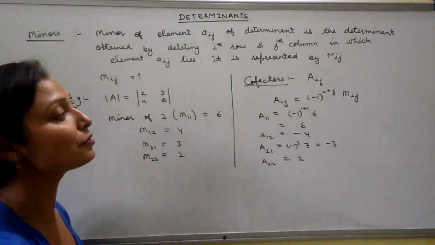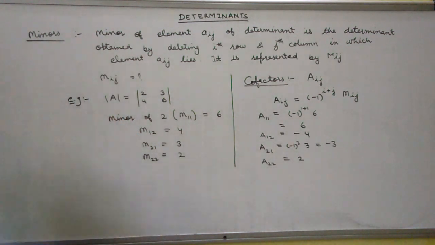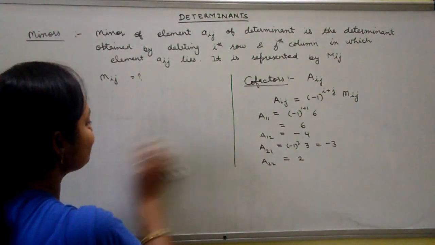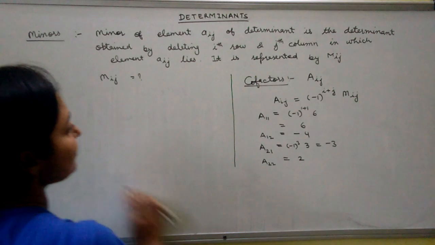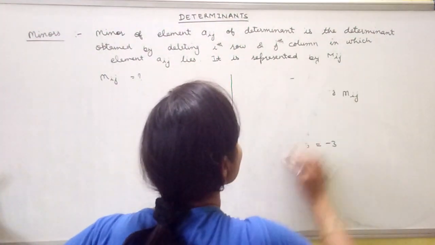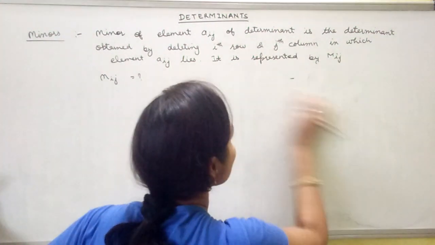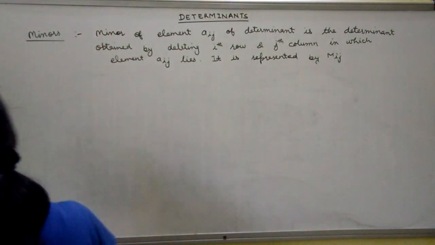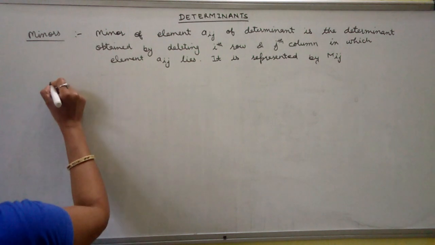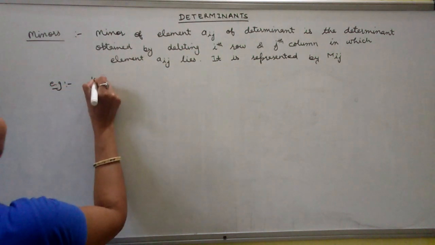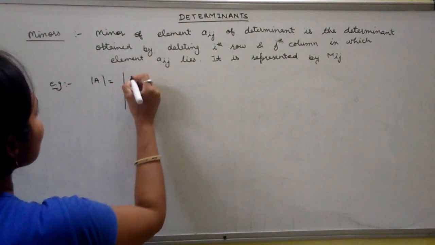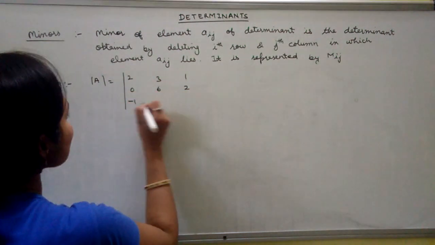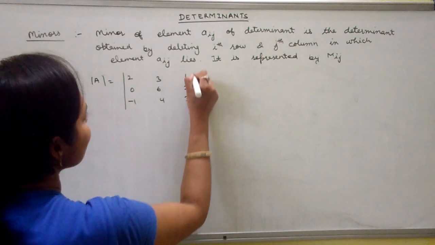Okay. Now come to the 3 rows and 3 columns example. Let us suppose we have a determinant 2, 3, 1, 0, 6, 2, -1, 4 and 3.